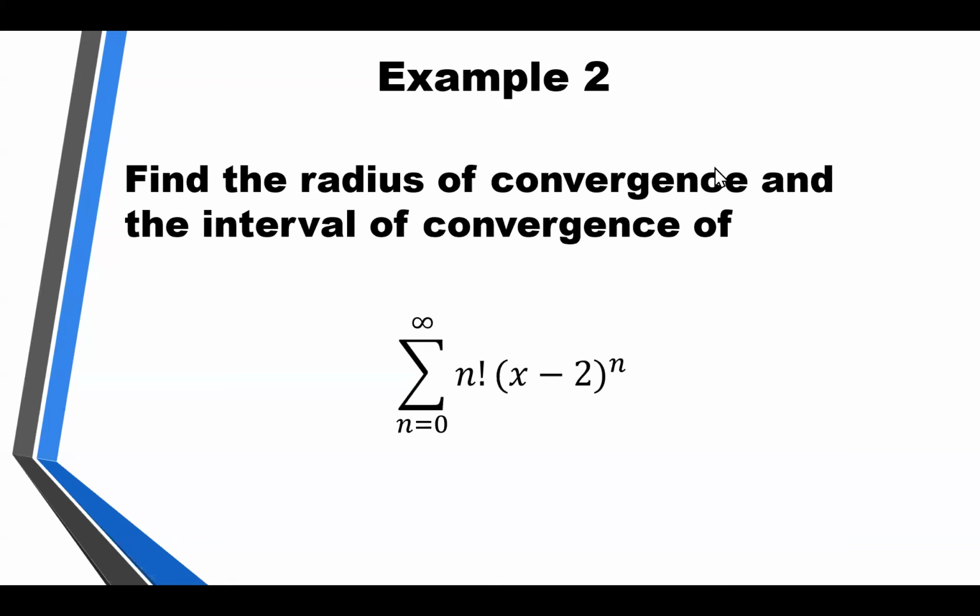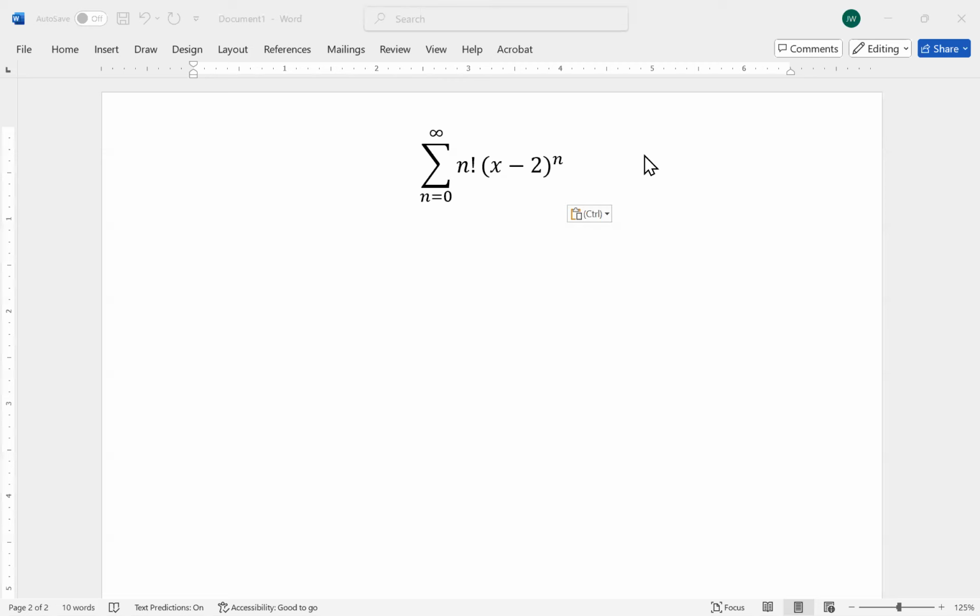Let's take a look at example 2. It's an infinite sum of n factorial times (x minus 2) to the n, summed up from 0 to infinity. So in my language, I would say n factorial dominates.